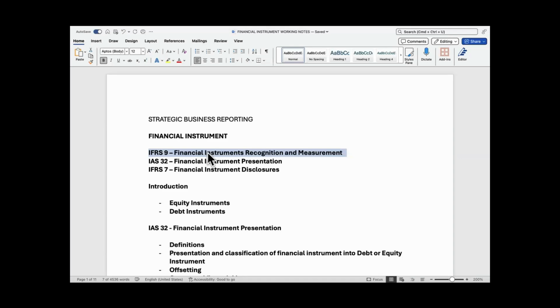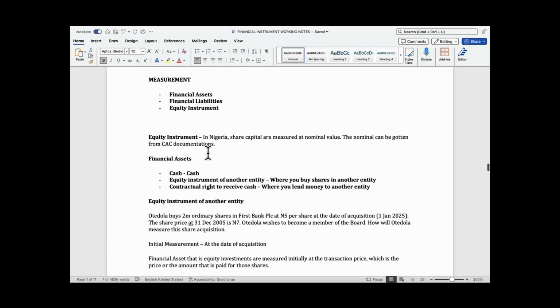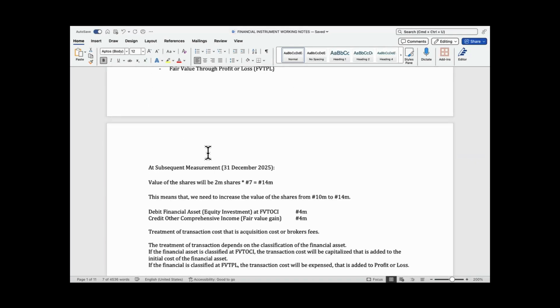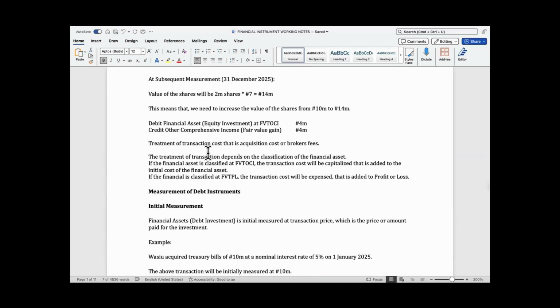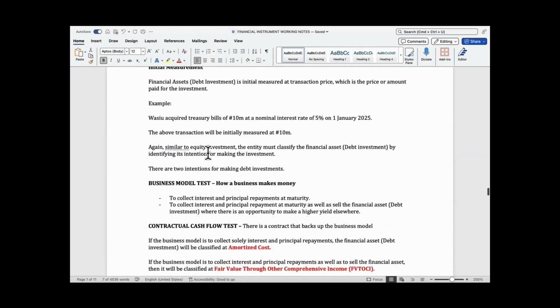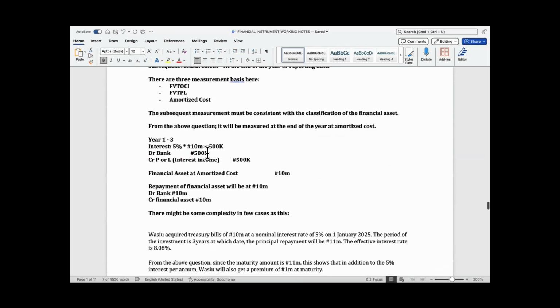That is always very straightforward in the exam because there is usually no challenge with that. All you're going to be doing fundamentally is just to recognize your regular interests every year from year 1 to 3.